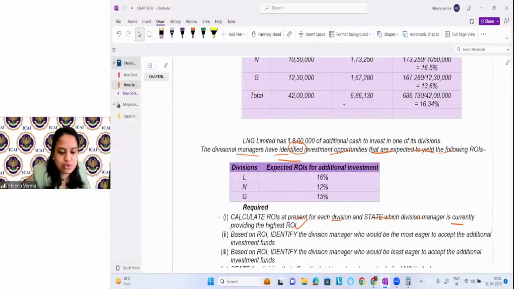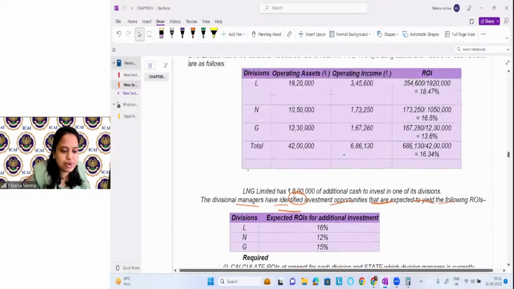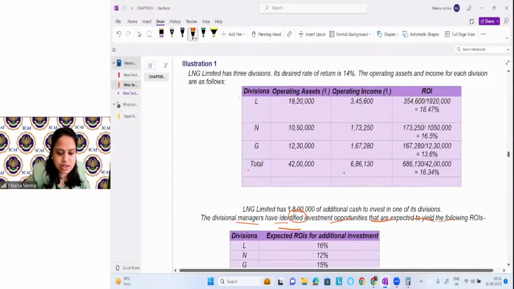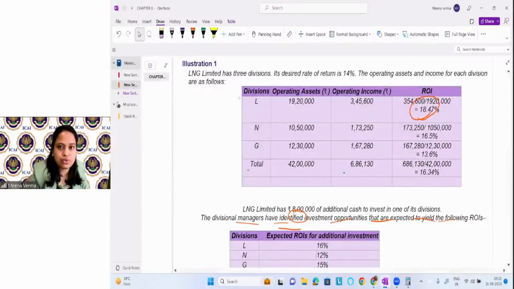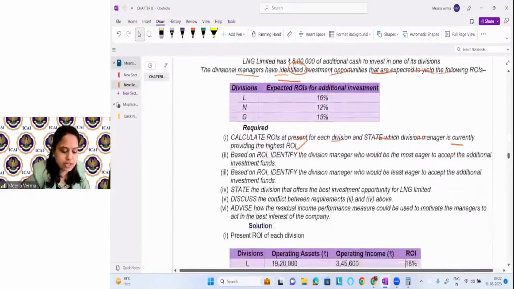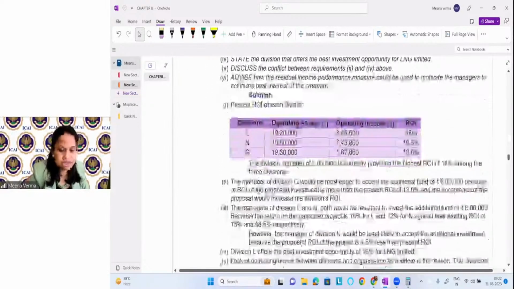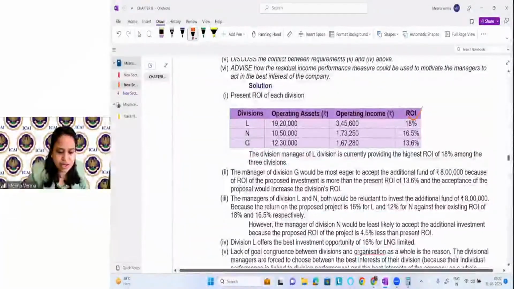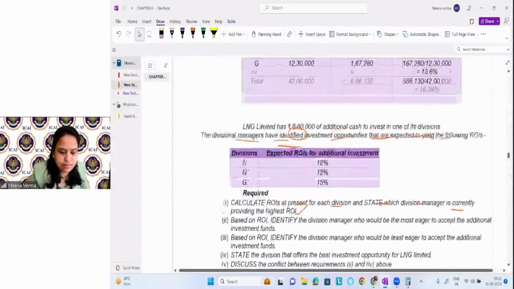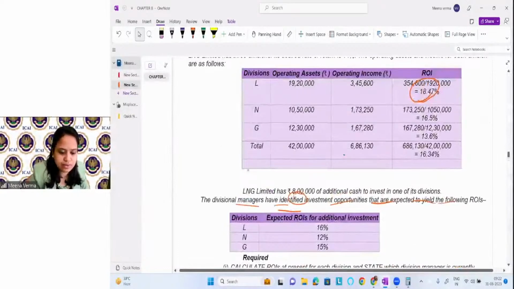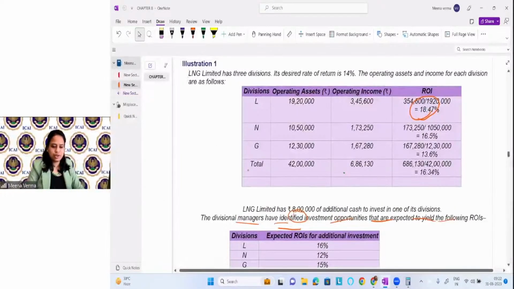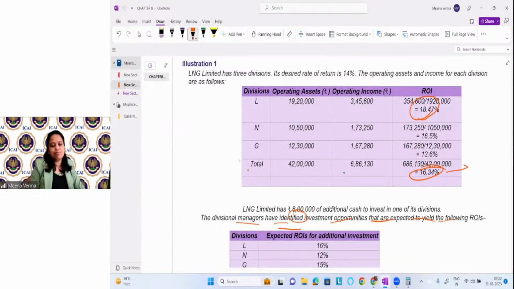You can see out of them who is providing the highest. The first one is providing the highest ROI. So this is what you can answer. We have just calculated 18, 16.5 and 13.6. This is the overall ROI, the ROI of the complete company.